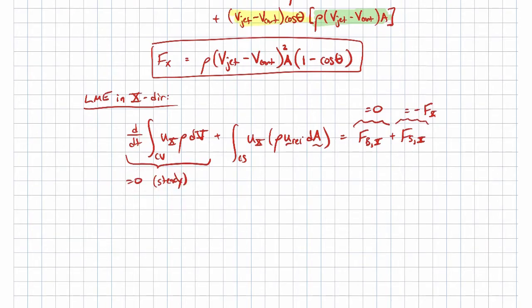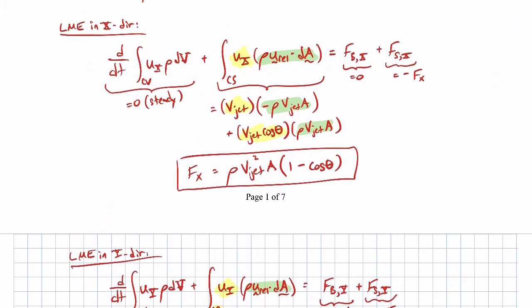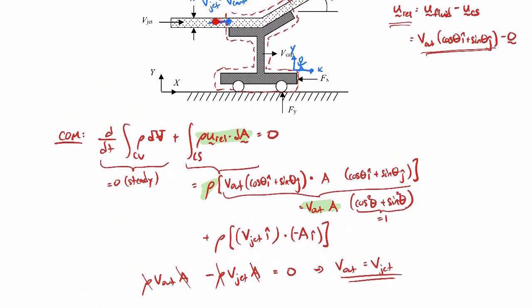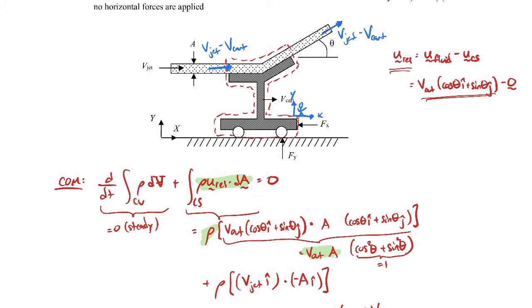Okay. Now let's go ahead and evaluate this term. This one gets kind of complicated now since we're using this fixed coordinate system. So the x velocity of the fluid as it comes in here, I'm going to erase some stuff since we're now using a different coordinate system. So the x velocity as the fluid goes here is just going to be v jet.